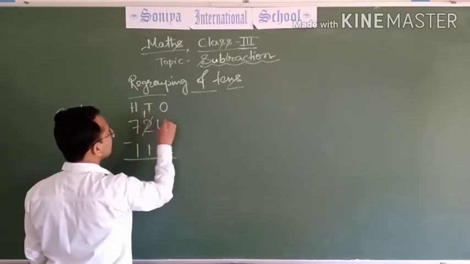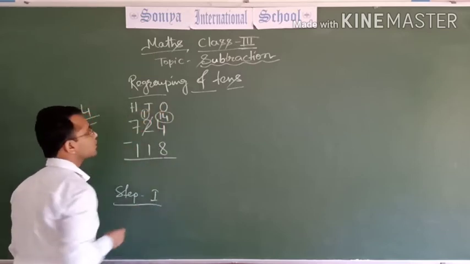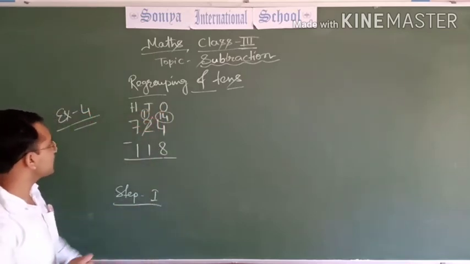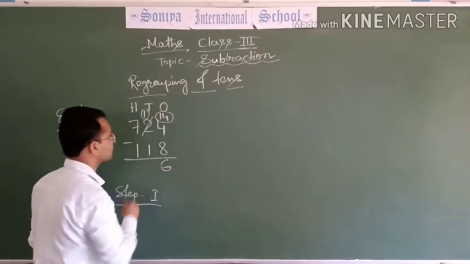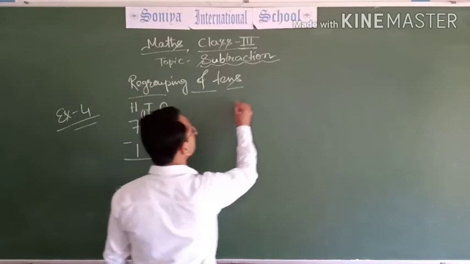So 2 tens and 1 ten, and add 10 to 4, making 14. 14 minus 8 is equal to 6.